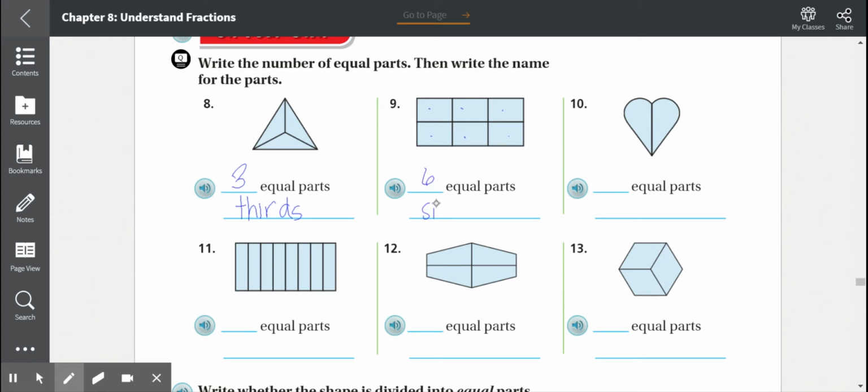These are called sixths. 2 equal parts are called halves. 1, 2, 3, 4, 5, 6, 7, 8 equal parts are called eighths. 4 equal parts are called fourths. 3 equal parts are called thirds.